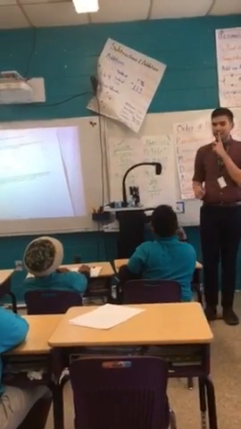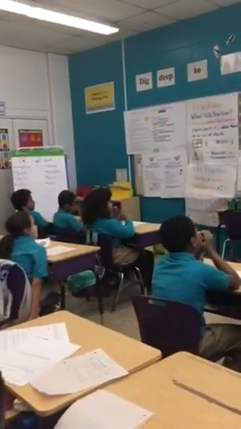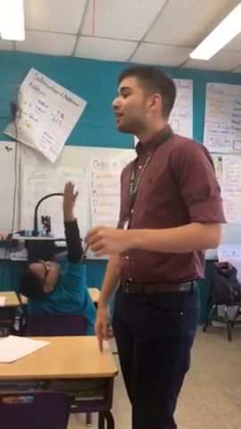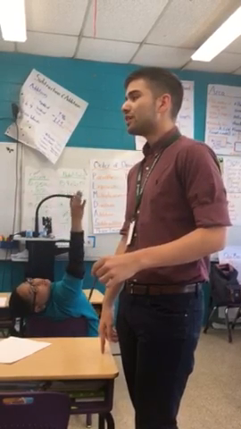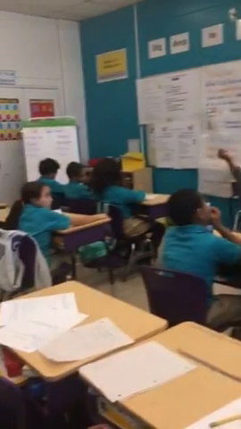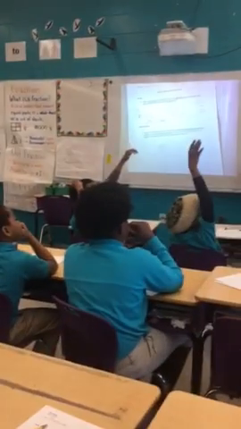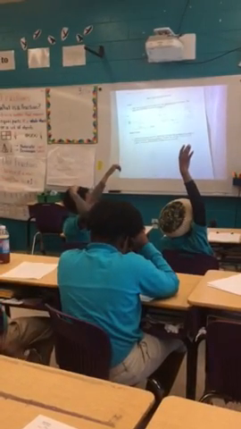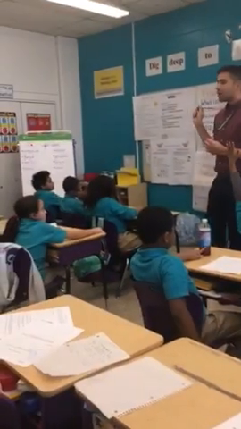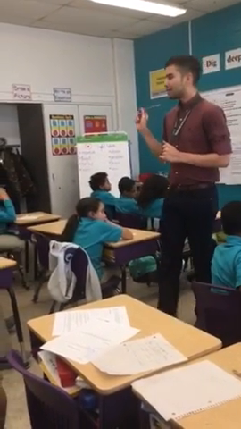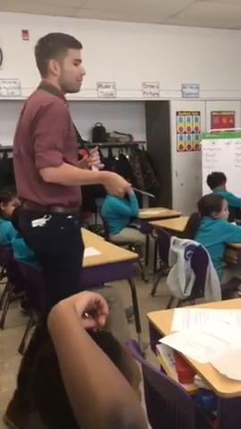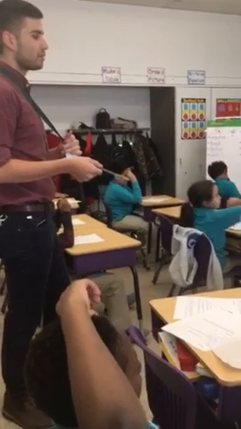I see a word there that's very important because it's a hint or a clue that tells me an operation that I should be using at some point in this problem. Robert, I love the fact that you're so eager, but I want to see who else can tell me.